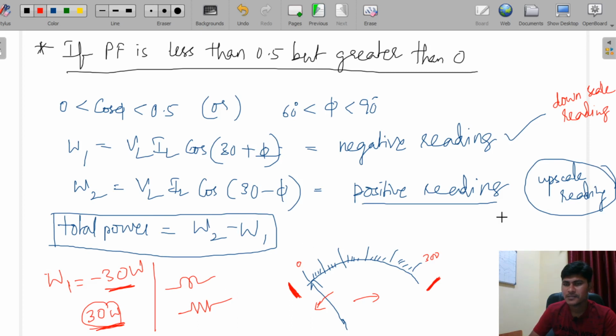So let me reverse the current coil of wattmeter 1. If you reverse the current coil of wattmeter 1, then the pointer moves in the forward direction, and it gives 30 watts. Now you take it as a negative value.